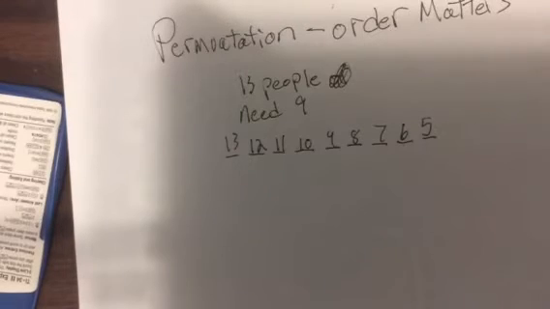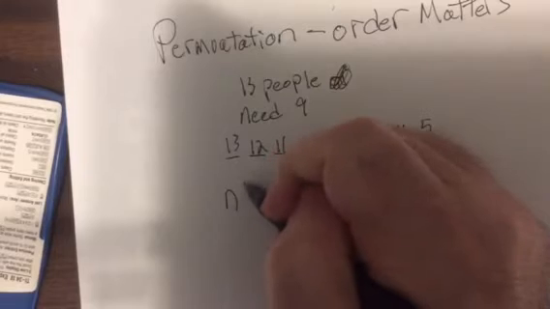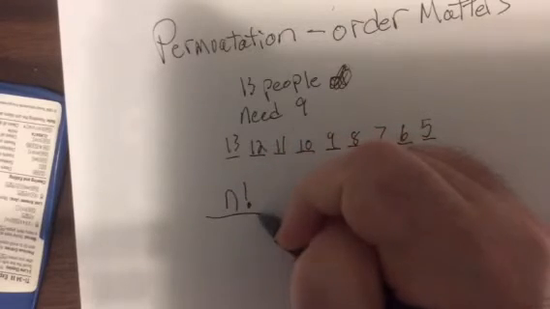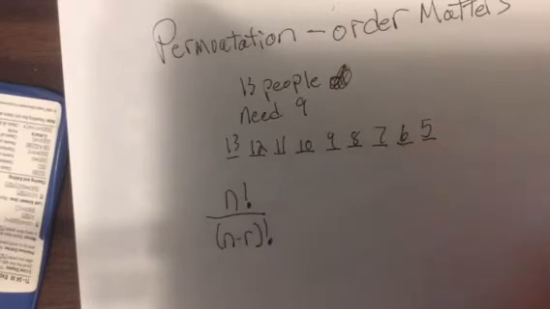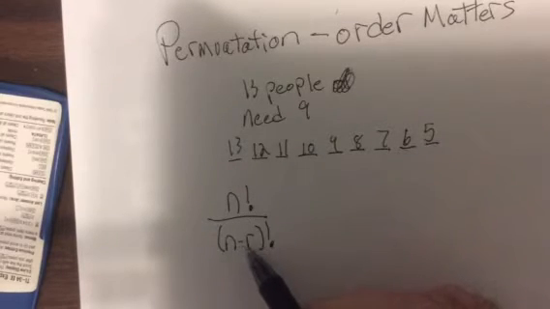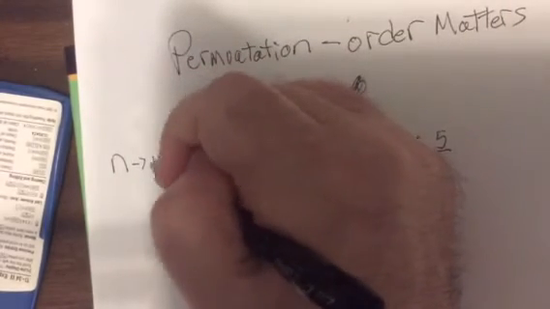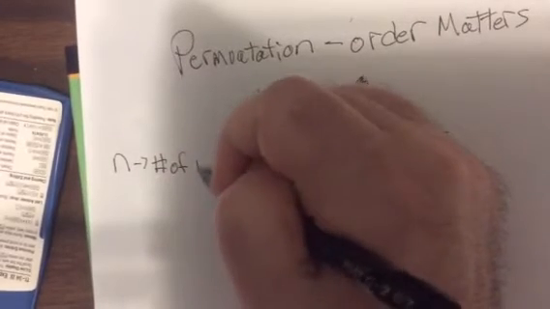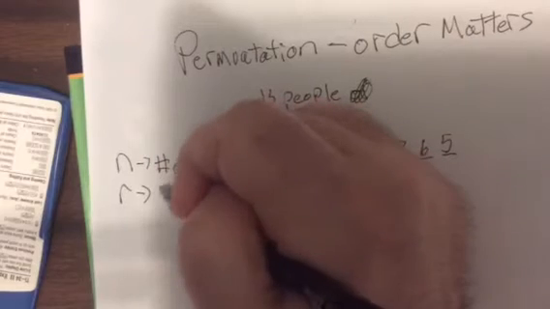Or the permutation formula is n factorial, the number of items, divided by n minus r factorial, where you go the number of items minus the number of items needed. So n is the number of items, and r is the number of items needed.